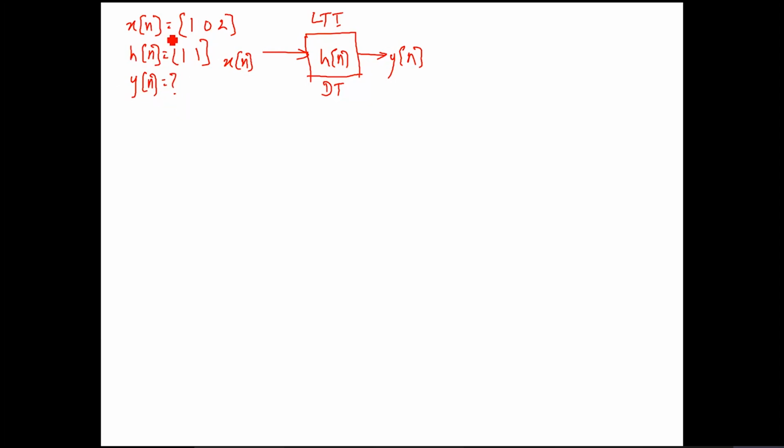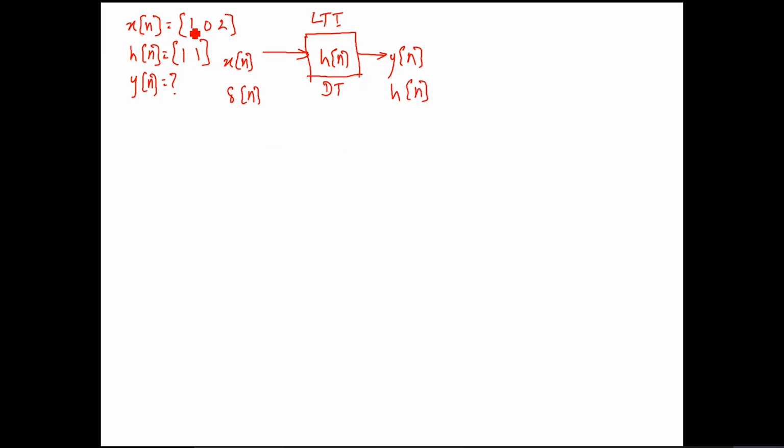Now to solve this, there are basically 2 or 3 methods. First, we can just use the simple graphical method, or ab initio method, of finding the output. For that, what we need to see is delta n going to give us h of n, right?